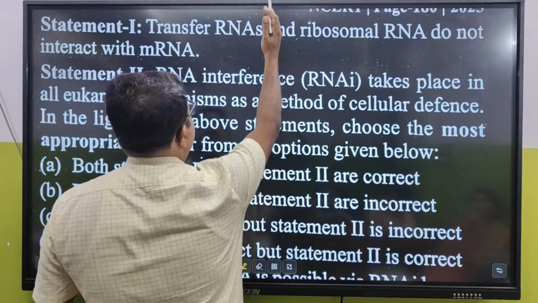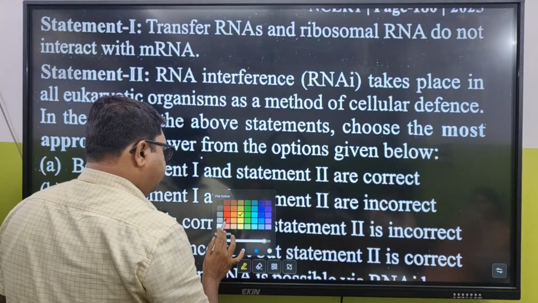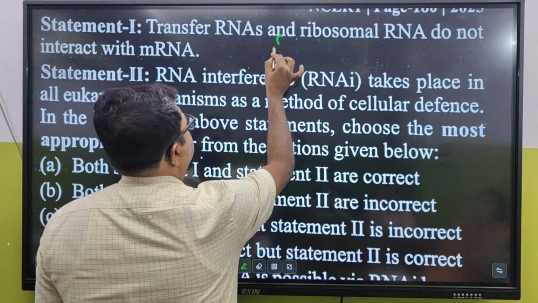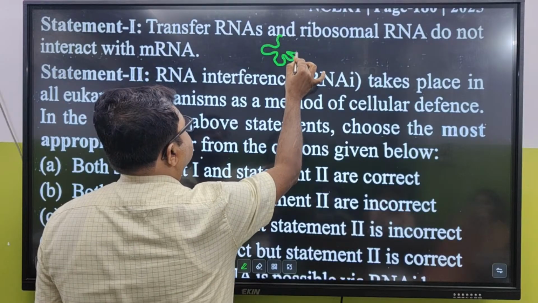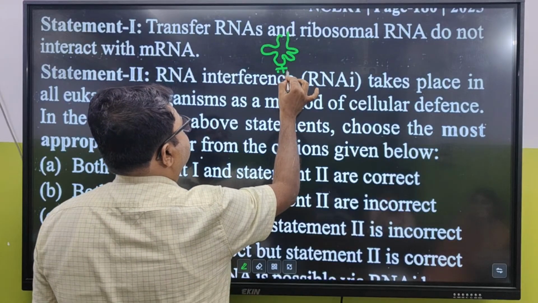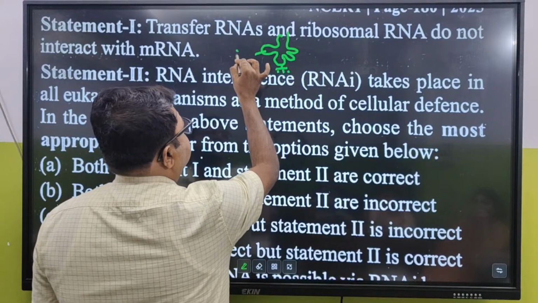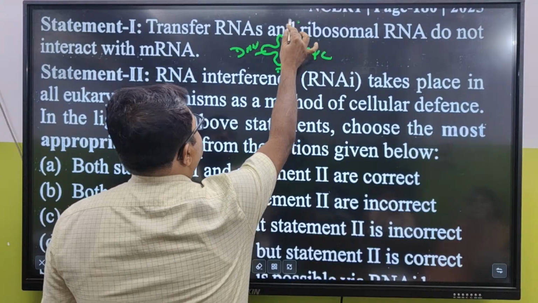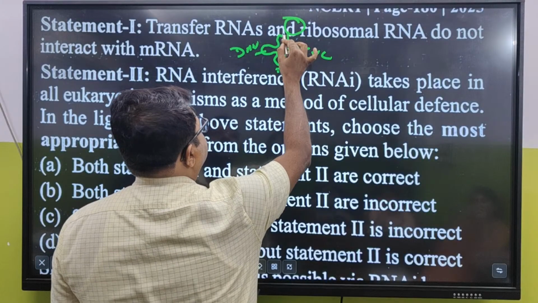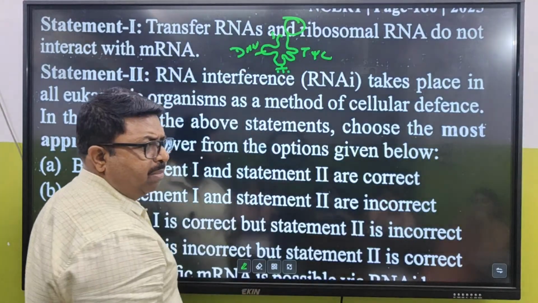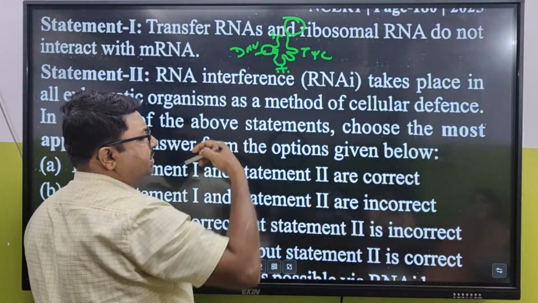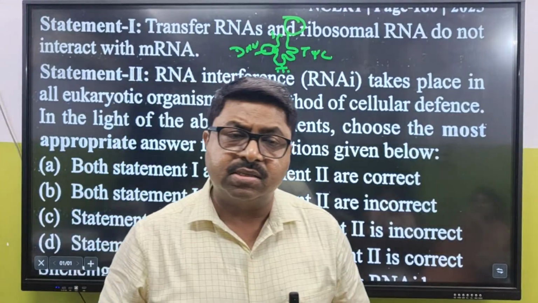Remember the cloverleaf model. This is the anticodon site, this is the DHU loop, this is the TψC loop, and this is the amino acid binding site. This is the 5' end and this is the 3' end. They have loops because they have unpaired bases. We have done it already in molecular basis of inheritance.